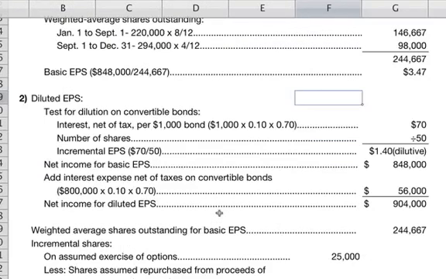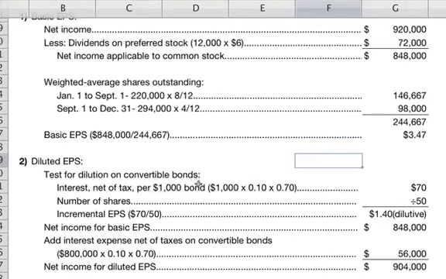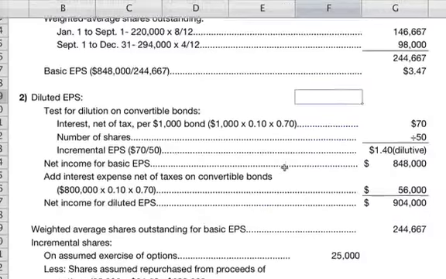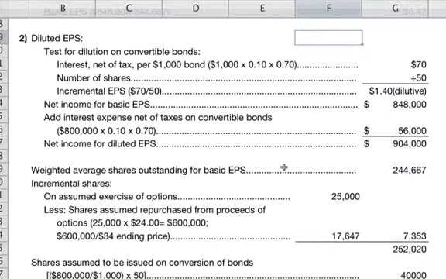Okay, now we need to find diluted earnings per share. So, on these 10% convertible bonds, $800,000, we need to test for dilution. You take the interest net of tax per $1,000 bond.